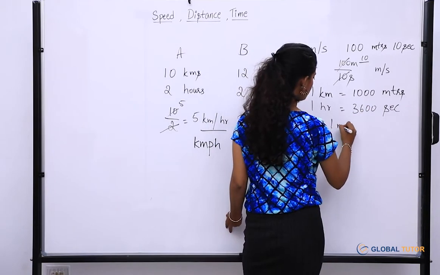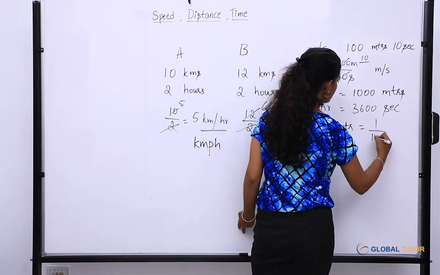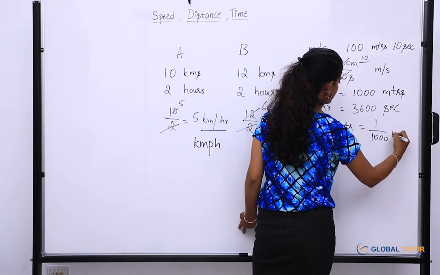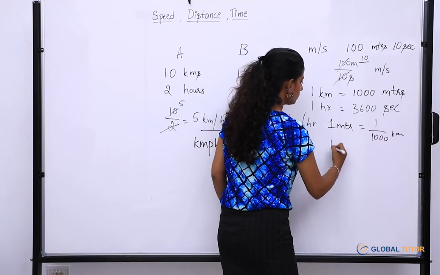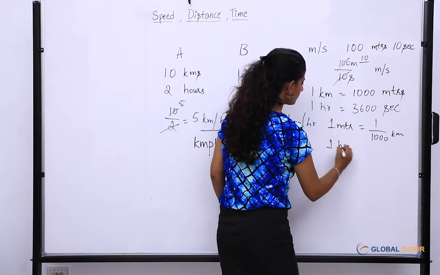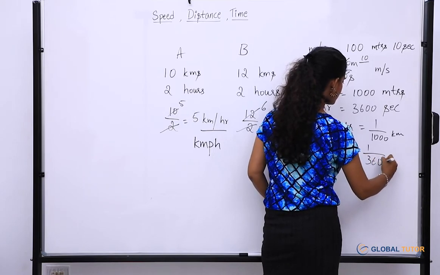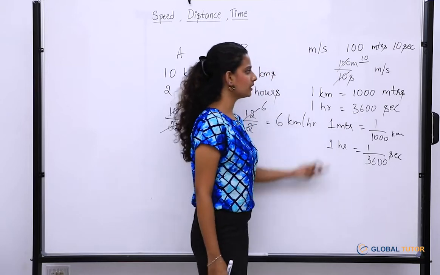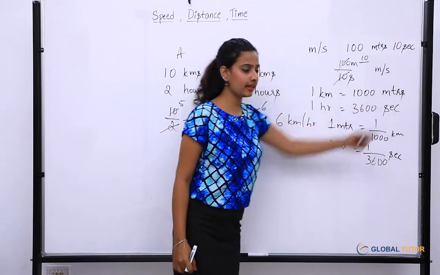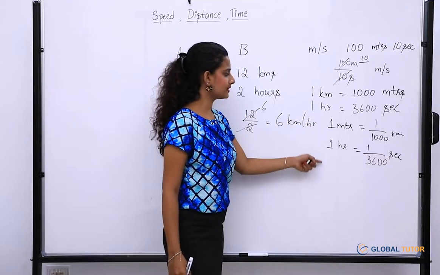So 1 meter is equal to 1 by 1000 kilometers. And 1 hour is equal to 1 divided by 3600 seconds. Now if you have to convert meter per second to kilometer per hour, you divide this, right?